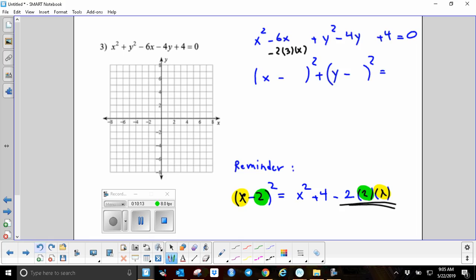Sounds familiar? So this was x minus 3. And look over here. What is this? 2 times 2 times y, right? That's how I create 4y. So obviously, this is y minus 2.